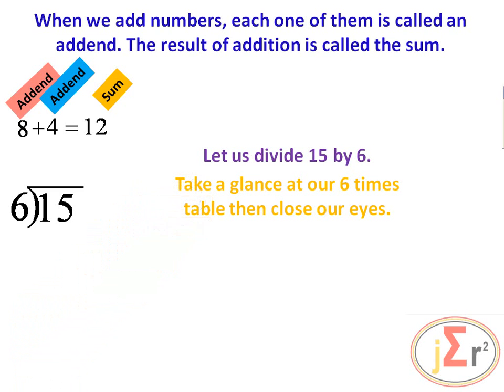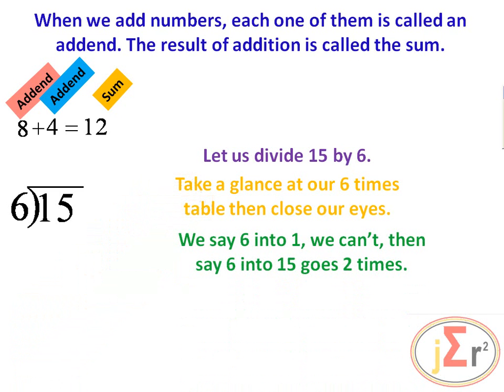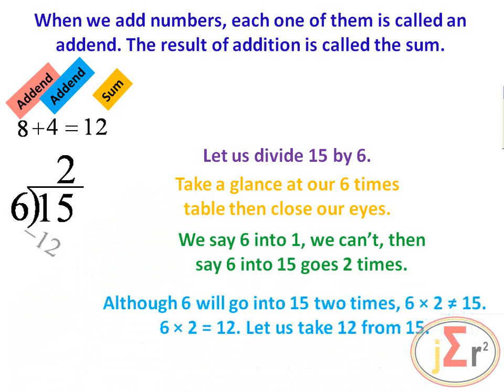We say 6 into 1, we can't. Then 6 into 15 goes 2 times. Although 6 will go into 15 2 times, 6 times 2 is not equal to 15. 6 times 2 is equal to 12.